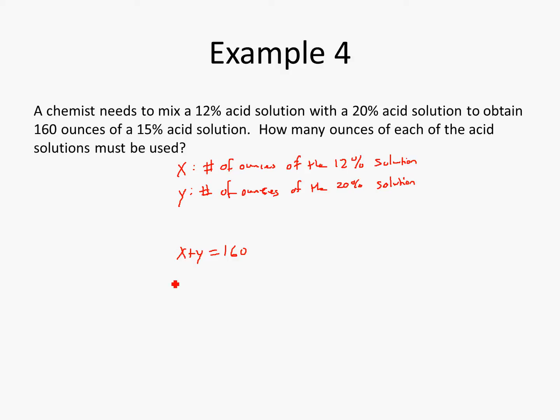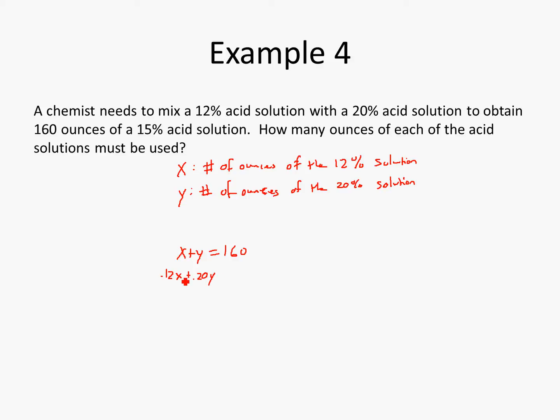This is going to be very similar to the last problem. We know that 12% of the X solution, we want to think about our concentration, is going to be 12% times the amount of that 12% that's added. Then we're taking a 20% and some amount there.